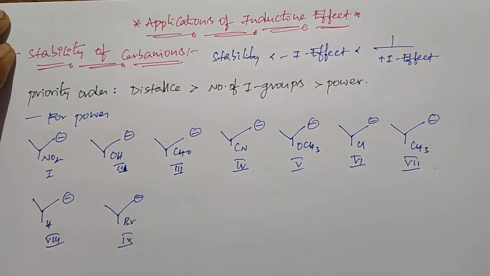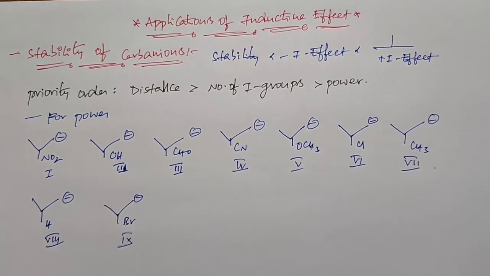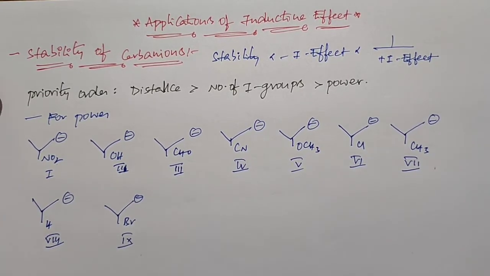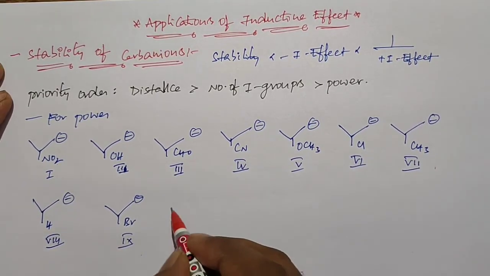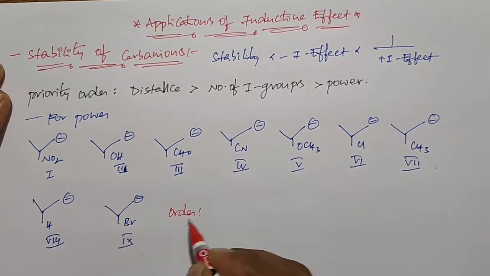So here we have 9 structures. All of these depend upon the power of the minus I effect. So if you take the order of their stability, all of these are examples of carbanions.